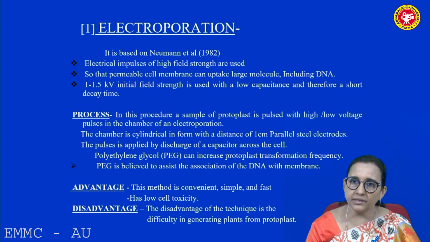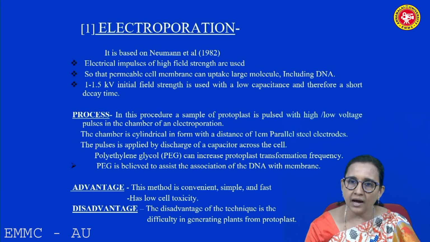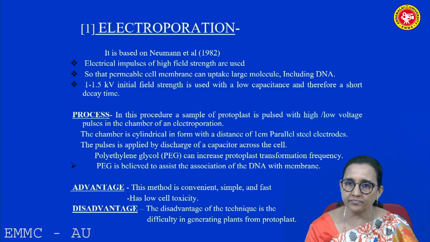Now, we discuss the process of how electroporation can be done with the help of the protoplast. In this procedure, a sample of protoplast is passed through a high electrical pulse in an electroporation chamber.